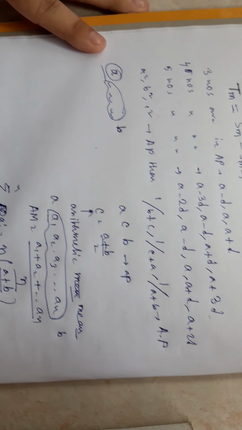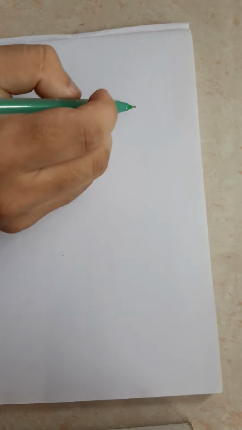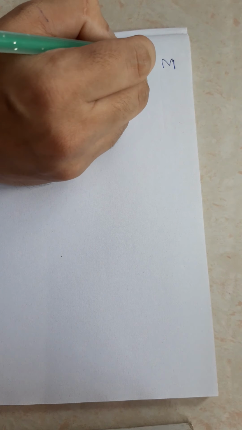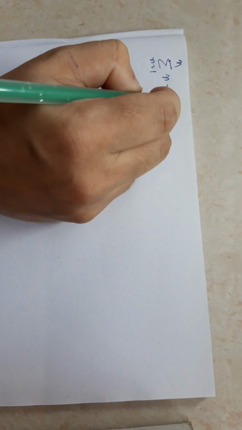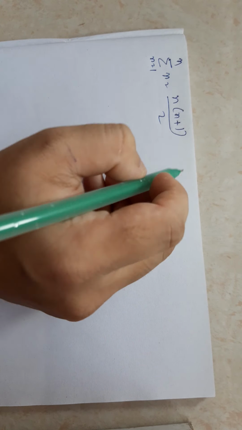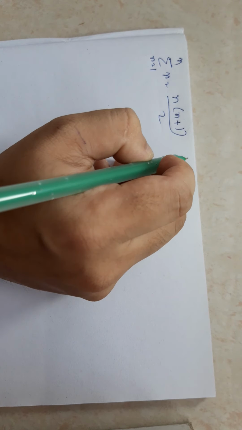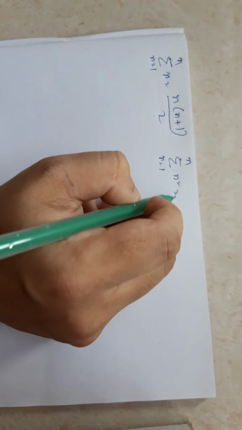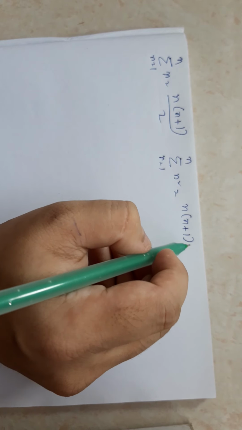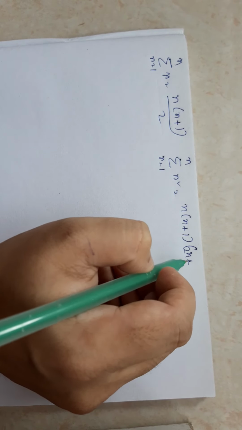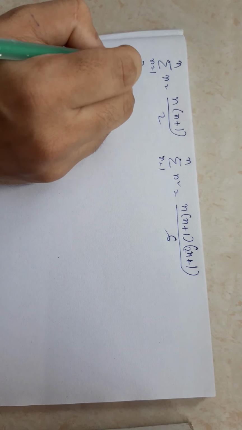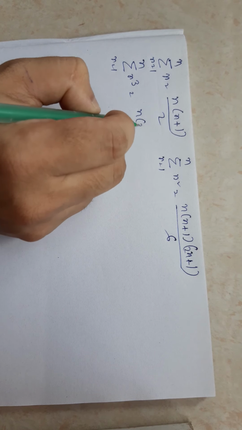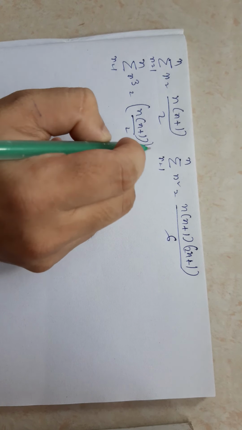Okay, now we can consider some important series. The summation of r, r equal to 1 to n, is n into (n plus 1) by 2. The summation of r square is n into (n plus 1) into (2n plus 1) by 6. The summation of r cube is (n into (n plus 1) by 2) whole square.